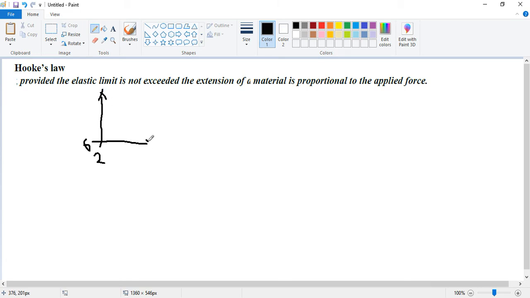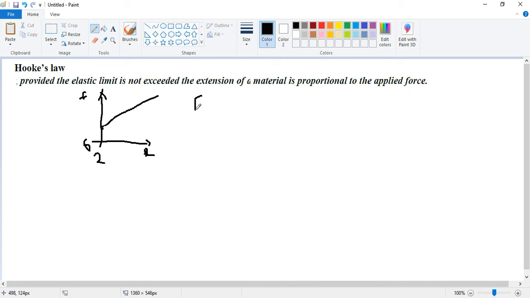So if you have such a graph, you could have a straight line, and you may want to verify whether the graph indicates that the material obeys Hooke's law. How would you verify from the graph that the material obeys Hooke's law? Remember, force should be directly proportional to the extension. If the force is 0, the extension should be 0. That means the graph should not have an intercept. And how do you verify that?